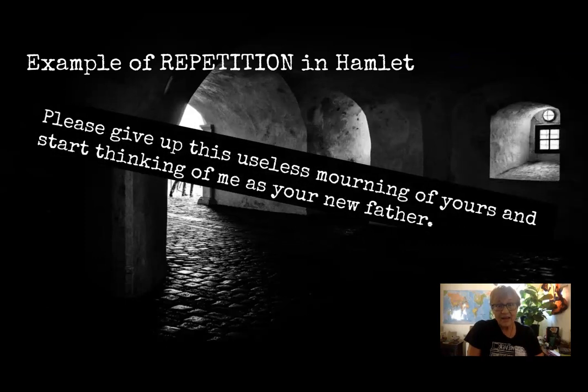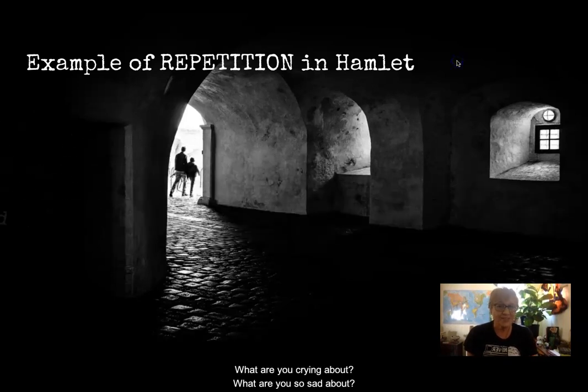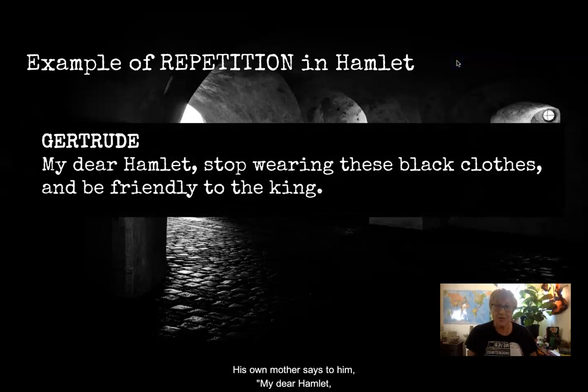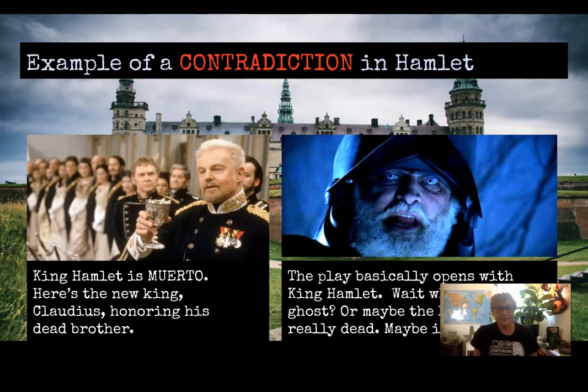Again, Claudius asks him to please give up this useless mourning of yours and start thinking of me as your new father. Theme here, what are you crying about? What are you so sad about? Stop being sad. His own mother says to him, "My dear Hamlet, stop wearing these black clothes and be friendly to the king." Stop wearing these black clothes. Stop being sad. Poor Hamlet.